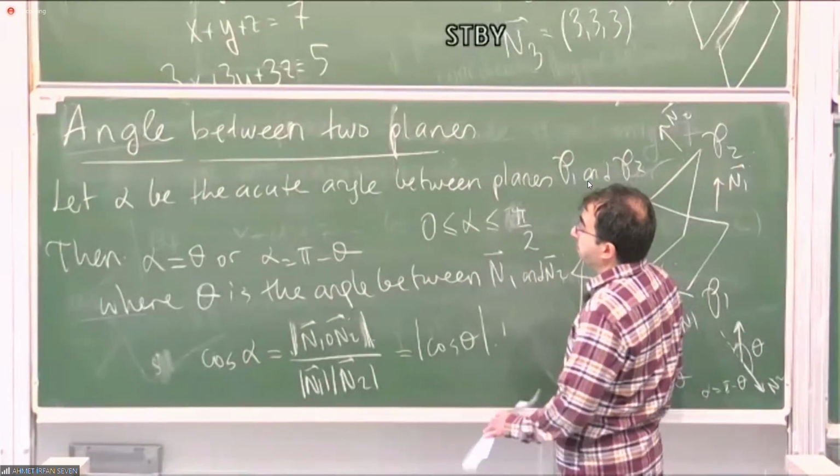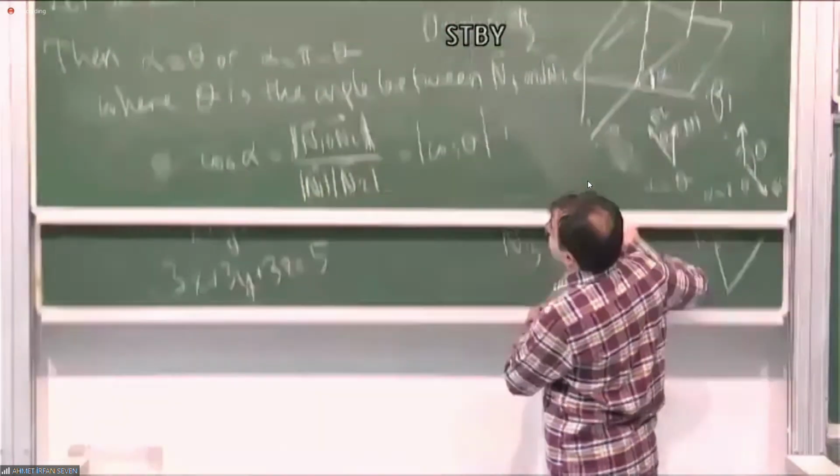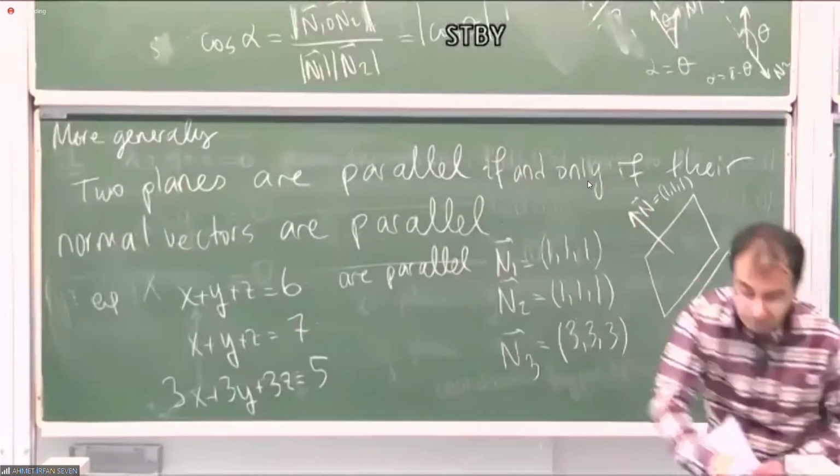So this is how we find the angle between two planes. Let's now see it on an example.